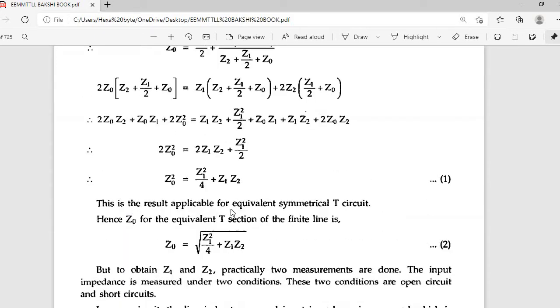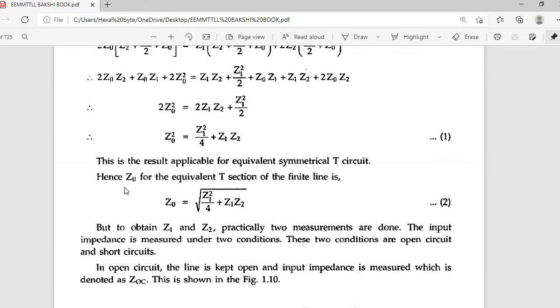This is the result applicable for the equivalent symmetrical T circuit. Hence Z0 for the equivalent T section of the finite line is Z0 equals the square root of Z1 square by 4 plus Z1 into Z2.